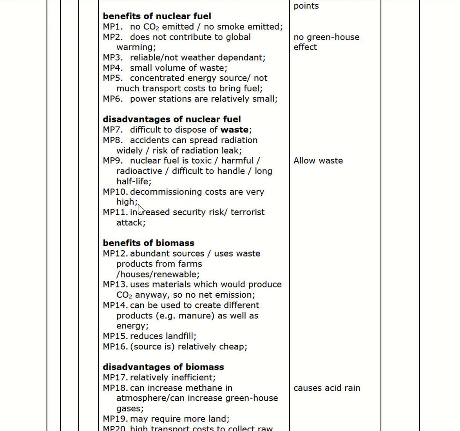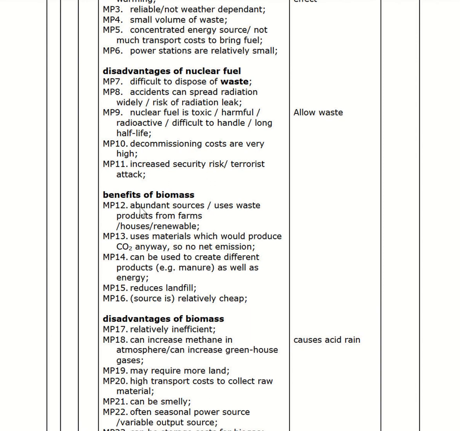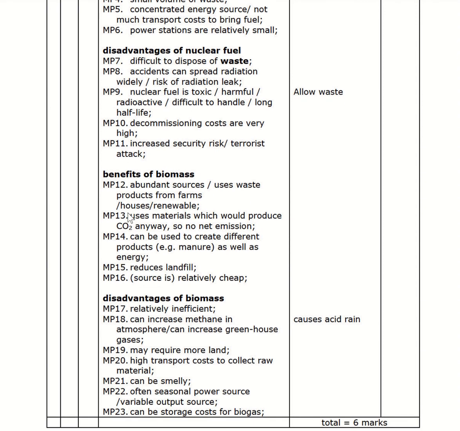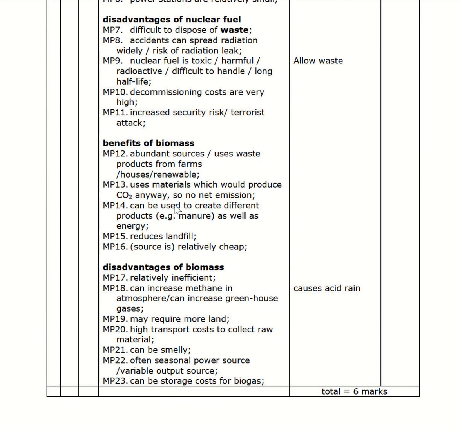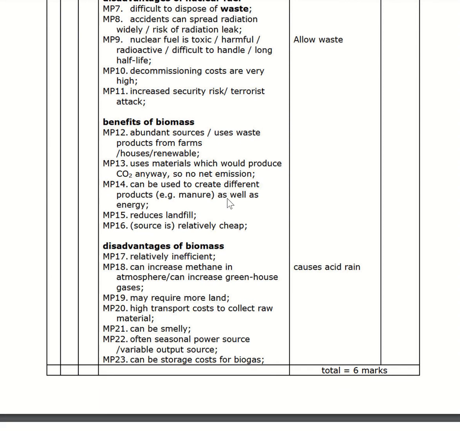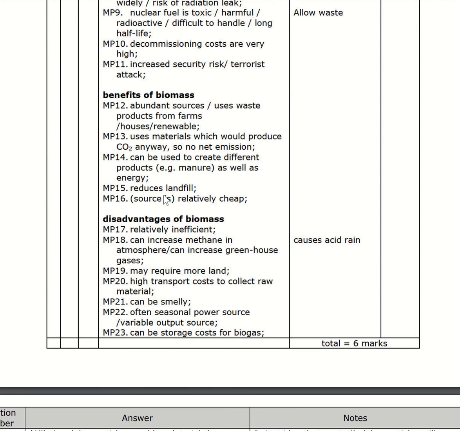Decommissioning costs are very high, increased security risk, terrorist attacks. And benefits of biomass are all these: abundant sources, renewable, source is relatively cheaper than nuclear fuel. All these are the disadvantages.